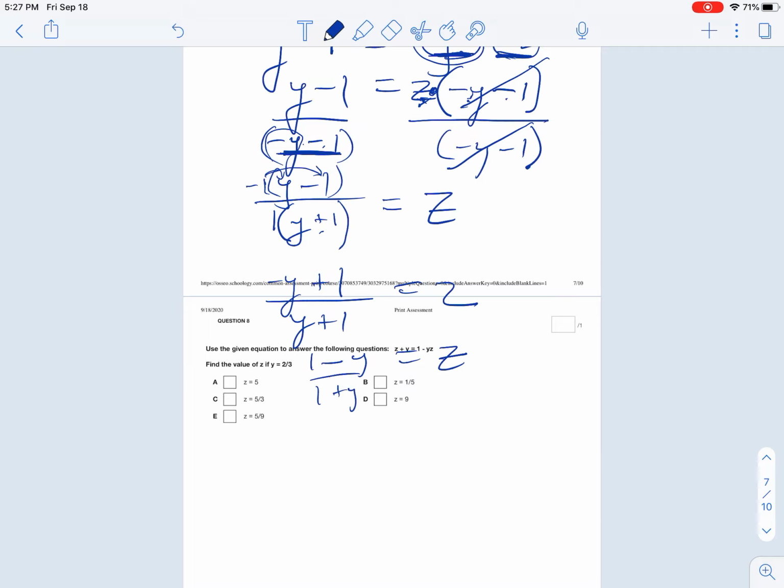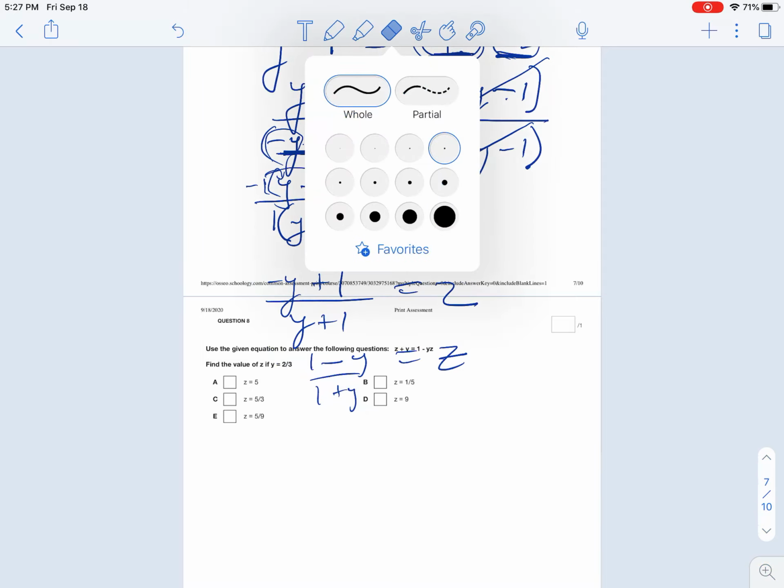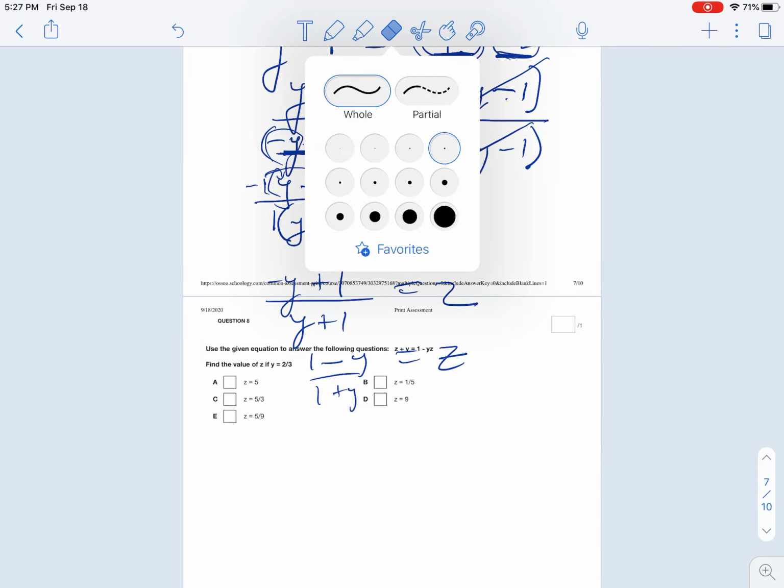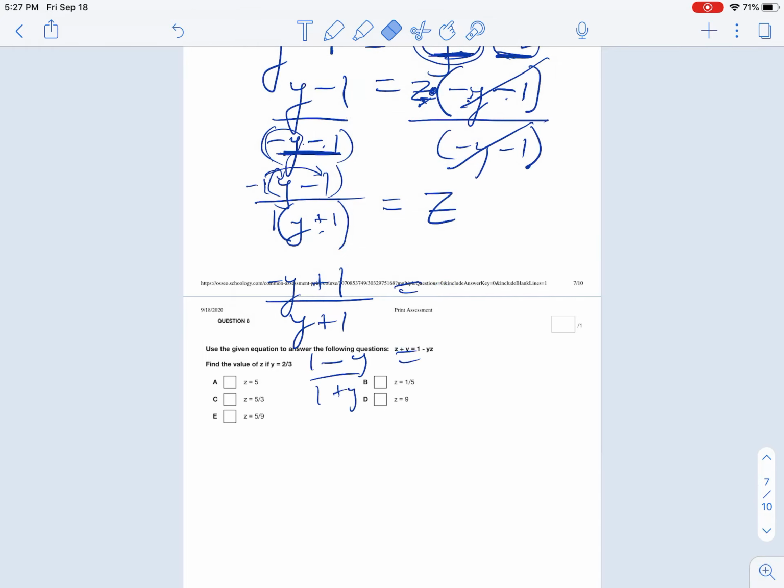So then finally, to wrap this up, to make myself some more room here, let's look at this problem.